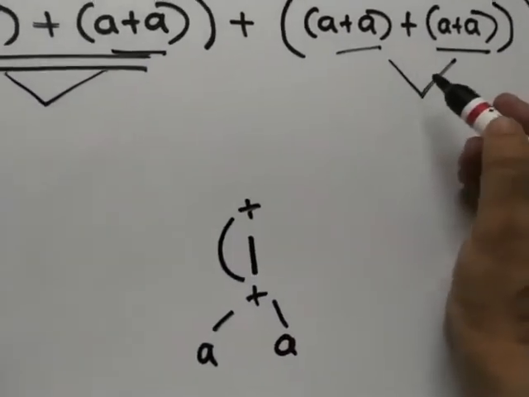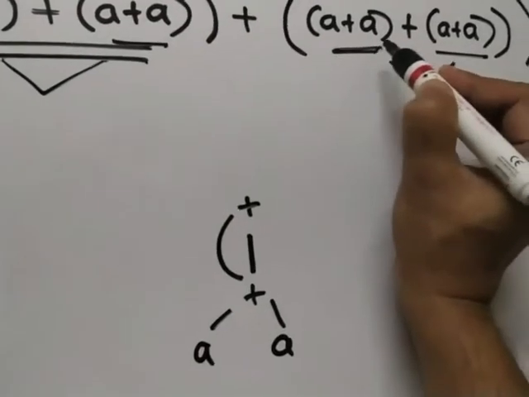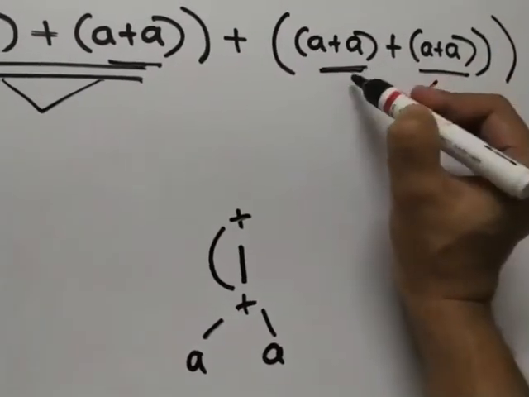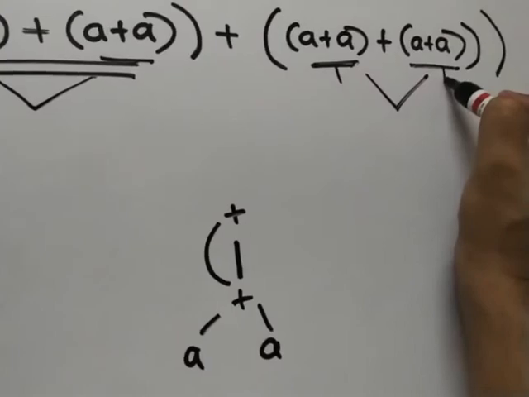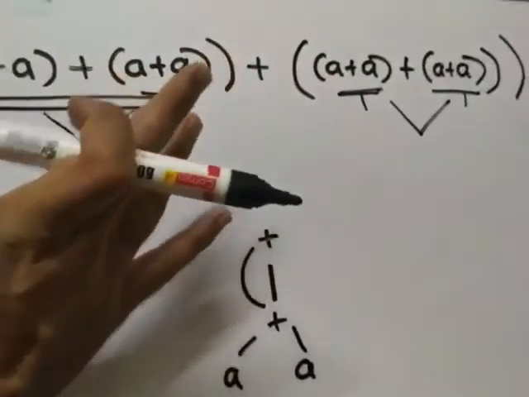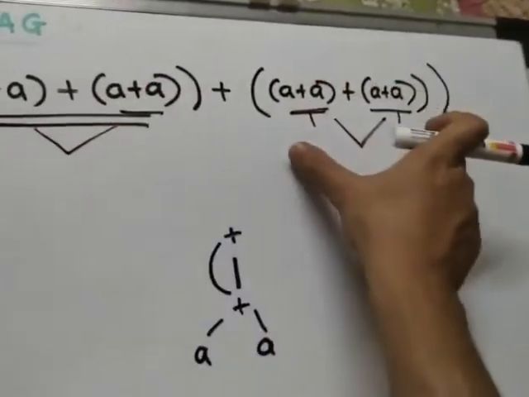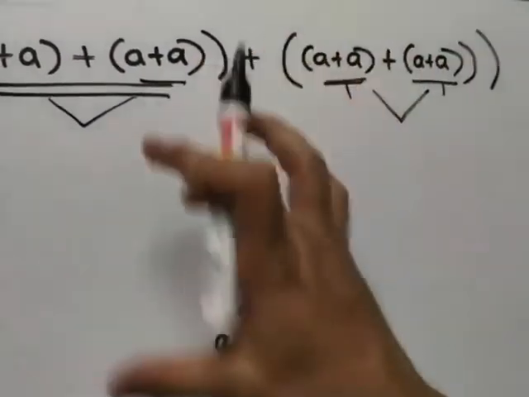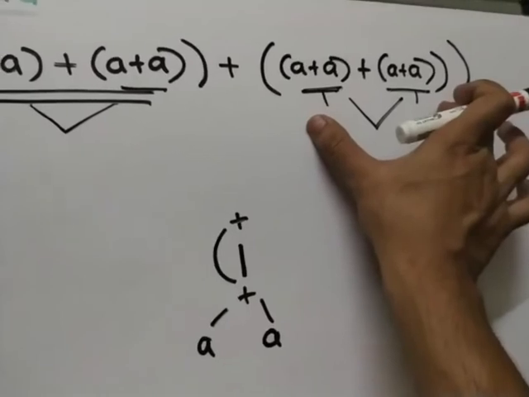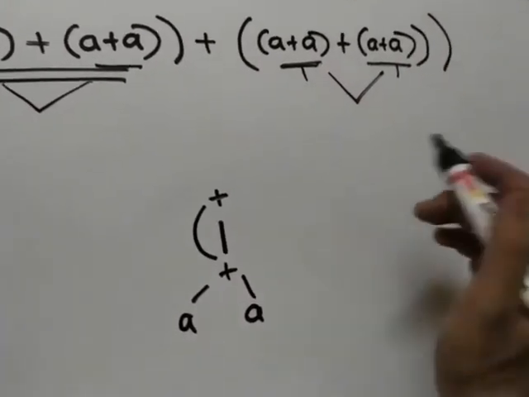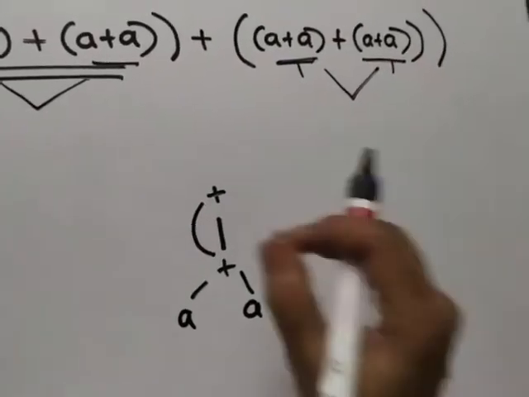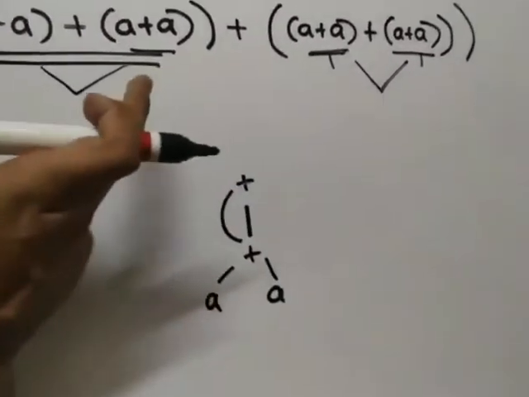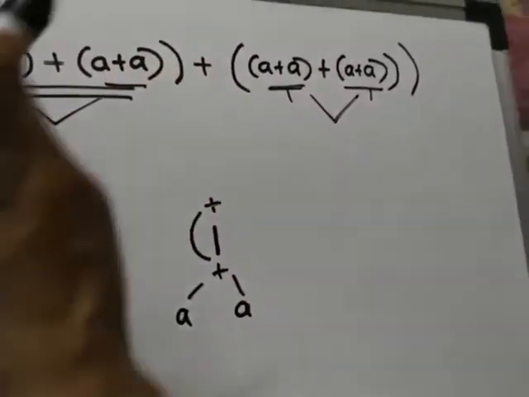Now for the right hand side, here also you can see A plus A and A plus A are there. So instead of resolving individual brackets, you can observe the first sub expression is similar to the second sub expression. So for this we have already drawn the DAG. So this DAG will be applicable for this particular right hand side sub expression. So what changes do we require? We are simply conveying that this part is added to itself again.